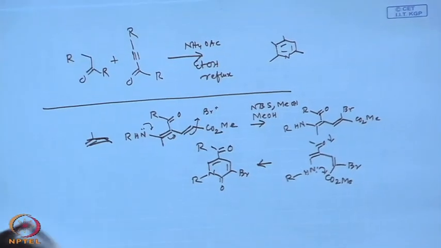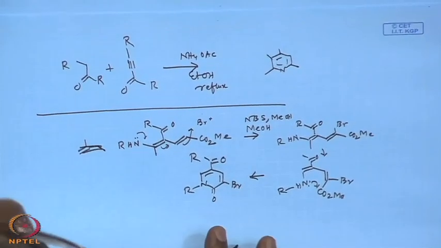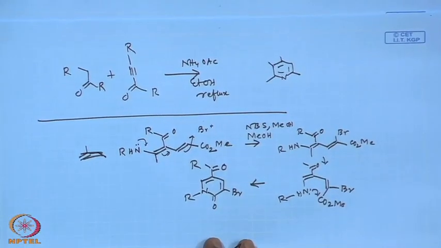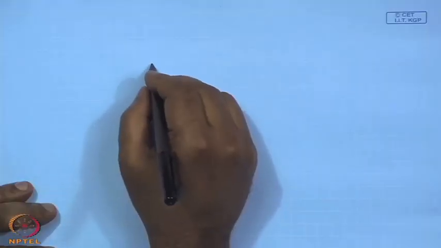Let us look at two examples to show you about the applications of this reaction. Let us see the first one and then we will see the second one later, maybe towards the end of the class. Let us say you have a problem like this, it is a very complex molecule.